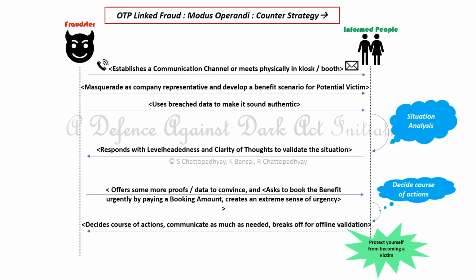They will have to communicate to understand the exact situation, and then they will have to break off for offline validation. That's pretty much the situation analysis, the diligence on taking the right decisions. These are the key ingredients to protect yourself from becoming a victim of the fraud.